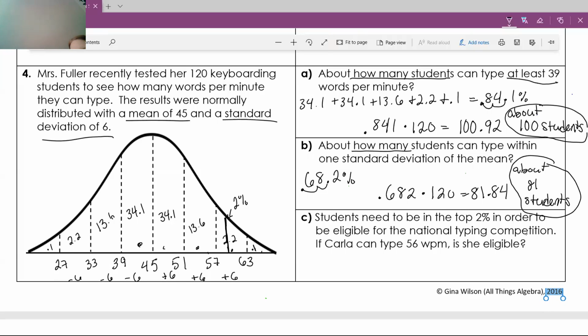Comes before 57, right? So Carla's right about here. Is she inside that top 2% to make it to the national typing competition? No, she's outside. She's below the top 2%. So no, Carla is not eligible.